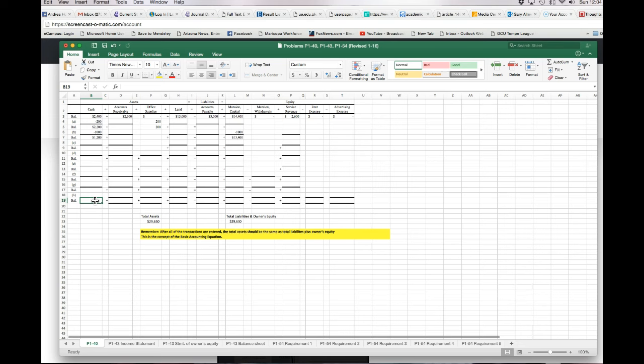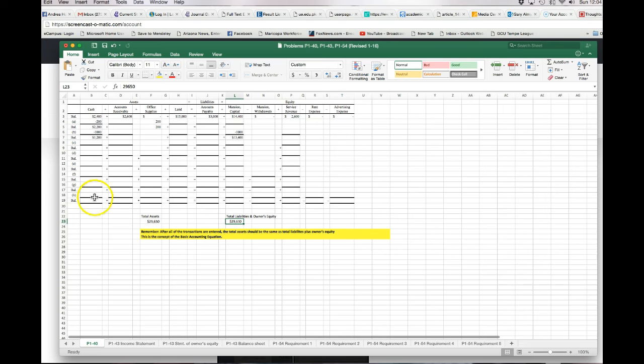So you'll have a balance in every single one of these accounts for cash, accounts receivable, office supplies, and so on. Now, I've given you a hint here that your total assets are going to equal $29,650. Your total liabilities plus owner's equity is also going to equal $29,650 because assets always have to equal liabilities plus owner's equity.